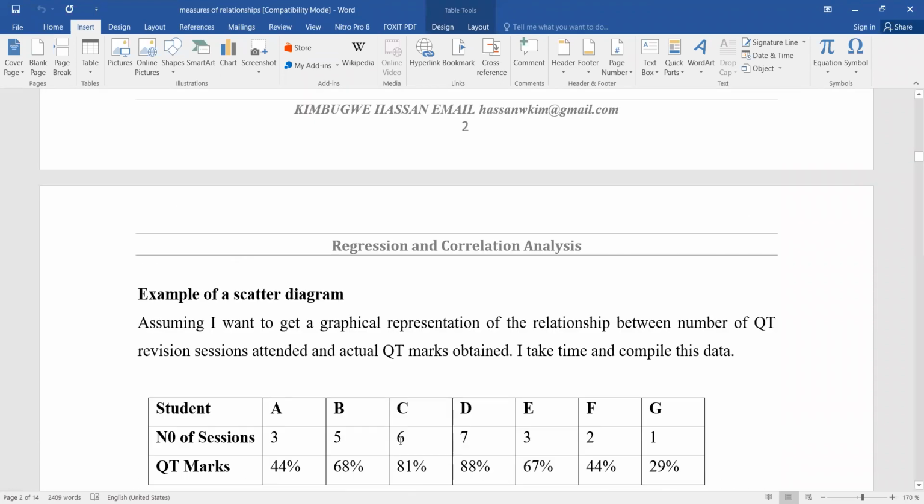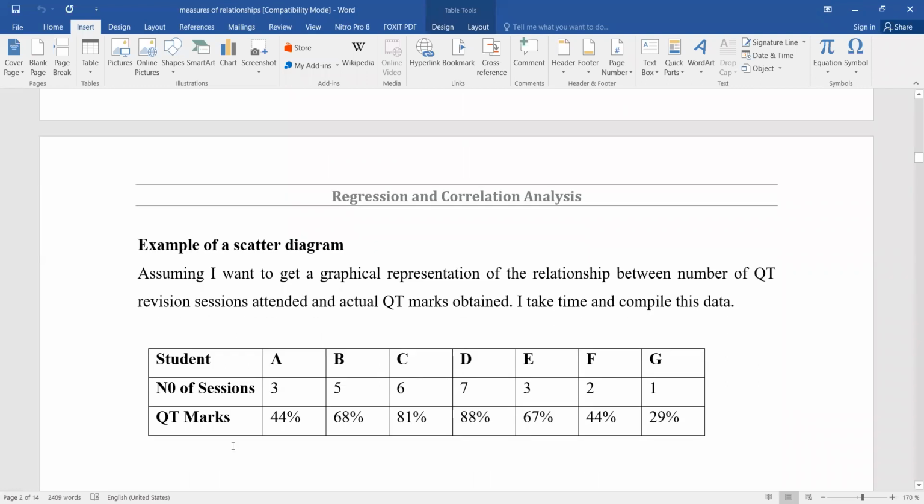Assuming I want to get a graphical representation of the relationship between QT revision sessions and the actual QT marks obtained. I take time to compile this data, and we have it. The most important thing is for you to assess what depends on the other, because we have two variables.